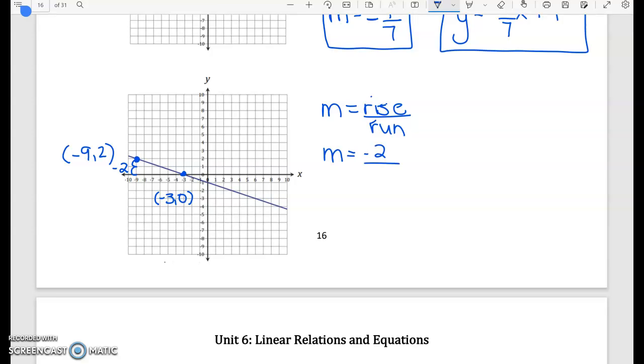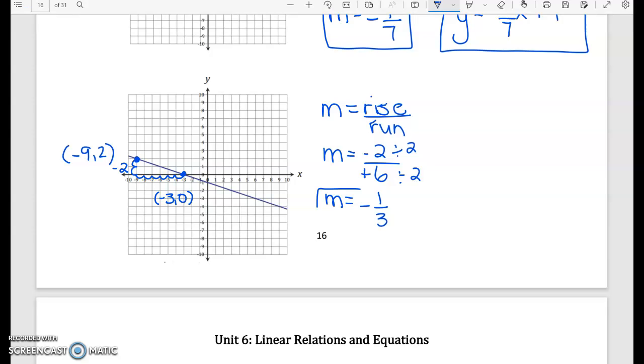And then I've got to ask myself, how much am I running? So I'm running 1, 2, 3, 4, 5, and 6. So I'm running a +6. Now from this point, you can see that I need to reduce. So I'm going to reduce by dividing both of these by 2. That's going to leave me with -2 divided by 2 is a -1, and then 6 divided by 2 is 3.